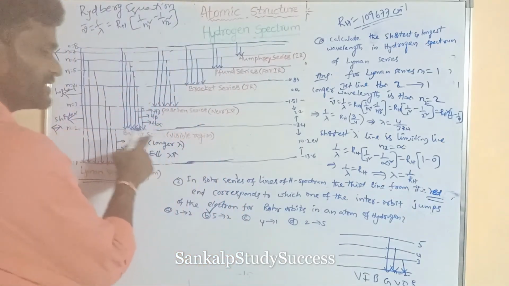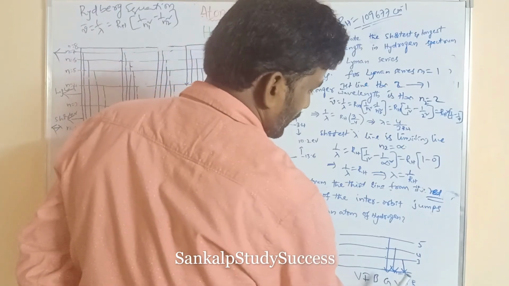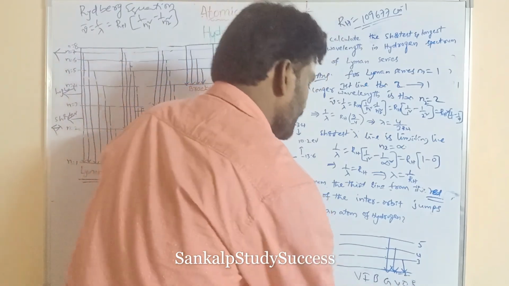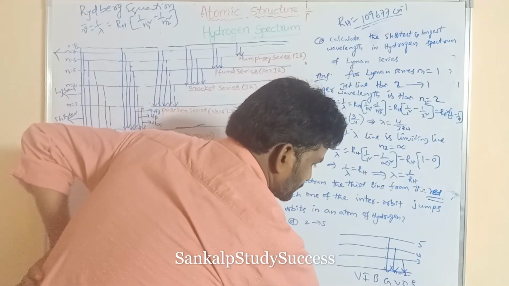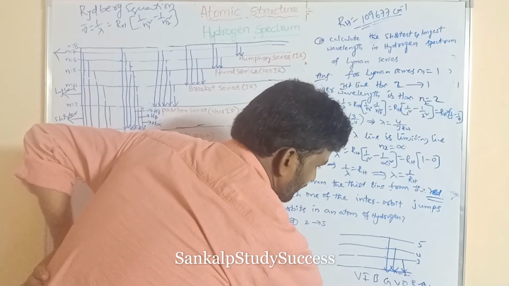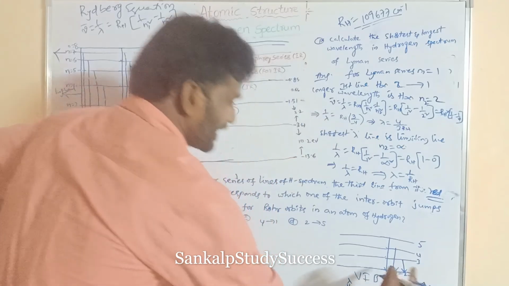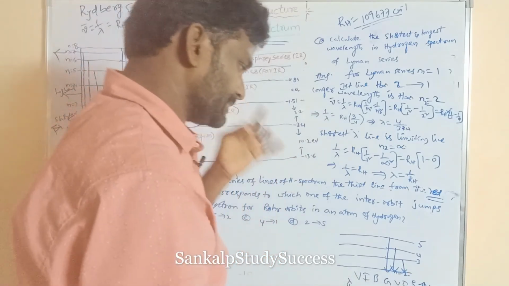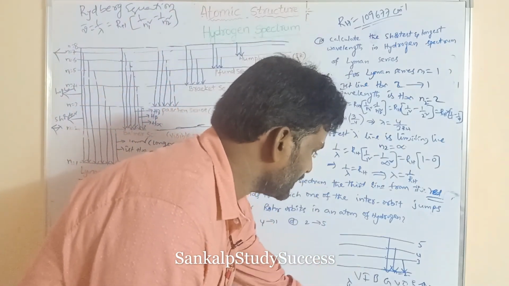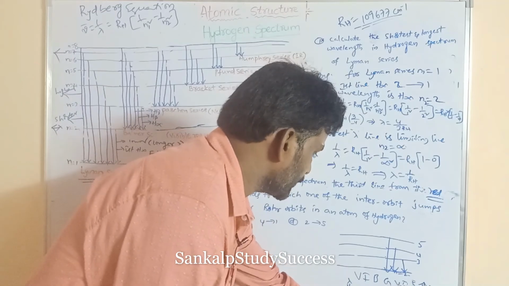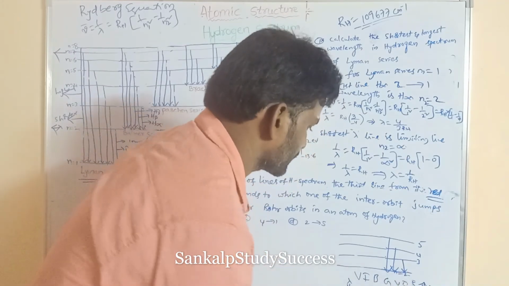In the visible region the colors are V, I, B, G, Y, O, R. From the red end, red has a higher wavelength and the other end has a lesser wavelength. Red color has the higher wavelength. So what is the third line from the red end? 1, 2, 3. That means the third line.